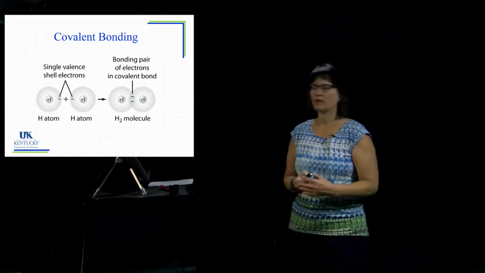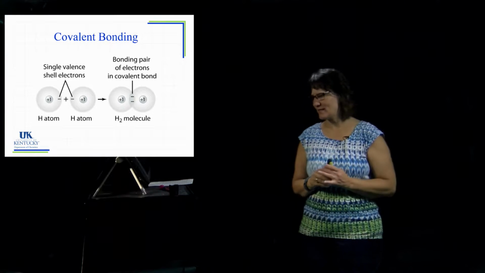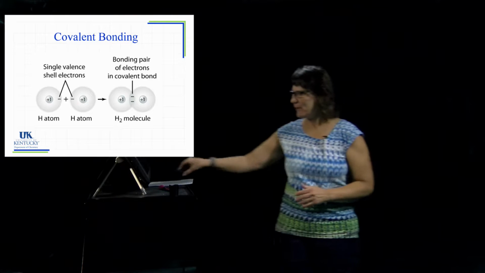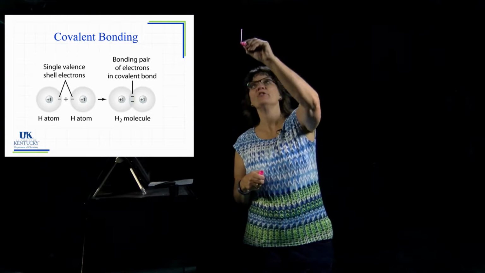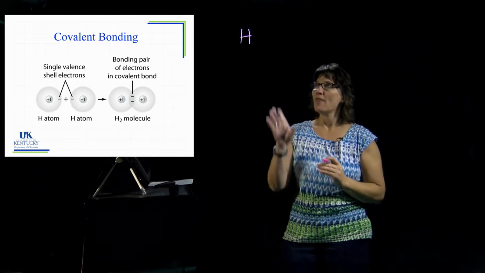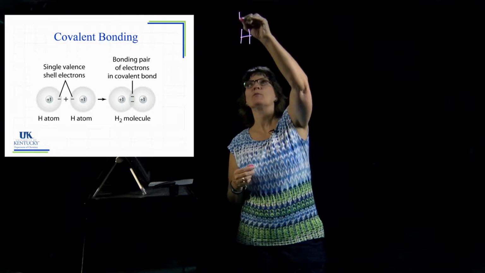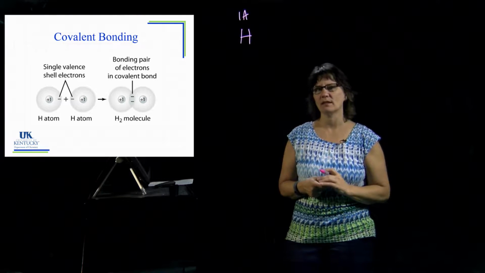Let's go on to the covalent bonding, the sharing. Okay, so let's consider the simplest case. If you were to look at a periodic table and find hydrogen, hydrogen is in the top left-hand corner, okay? That hydrogen there we learned was in the 1A family, and we learned that it had 1 valence electron.